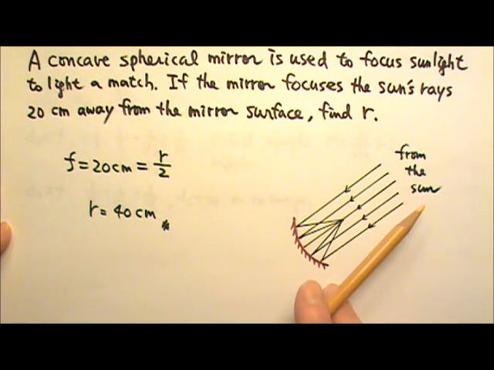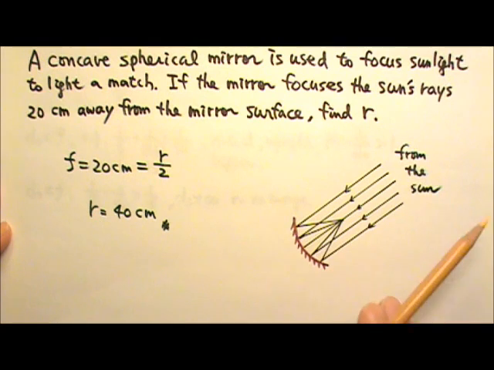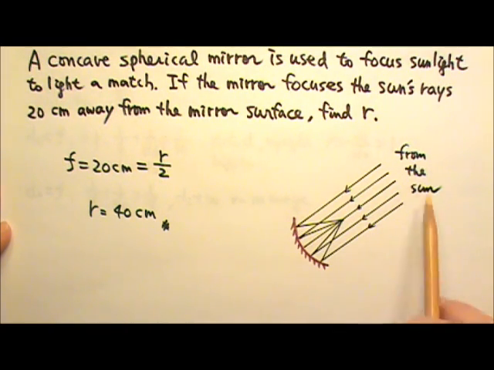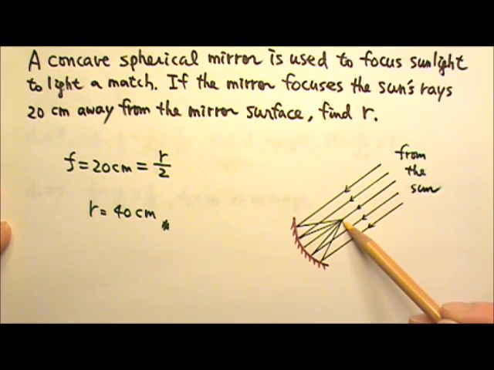Or we can say that they meet at infinity. So dI would be infinity. So in this case, if the object is at infinity, the image will be formed at the focal point. If the object is at the focal point, the image will be formed at infinity.